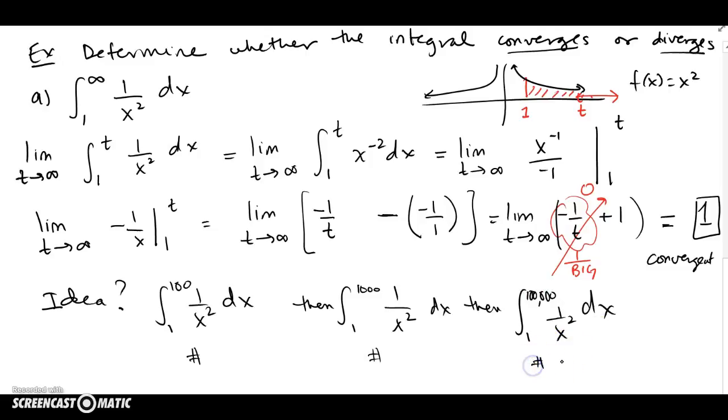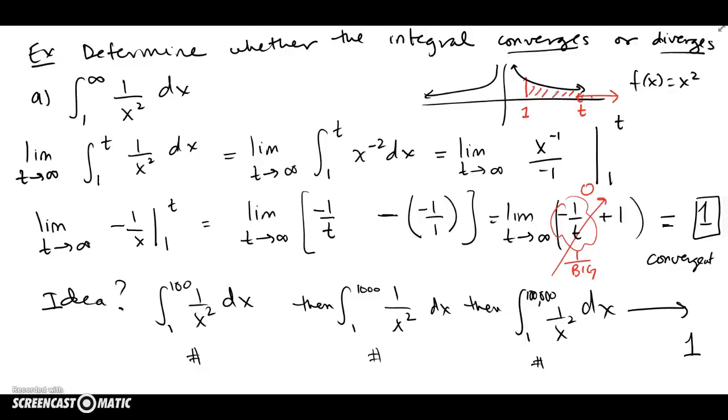I got another number. And then eventually, the bigger I made the upper limit, it approached the number 1. So the limit of all of these is eventually 1. So I went to 1,000,000, I went to 1,000,000,000, and eventually, all those values that I got under the area approached 1. That's basically the idea of this improper integral.